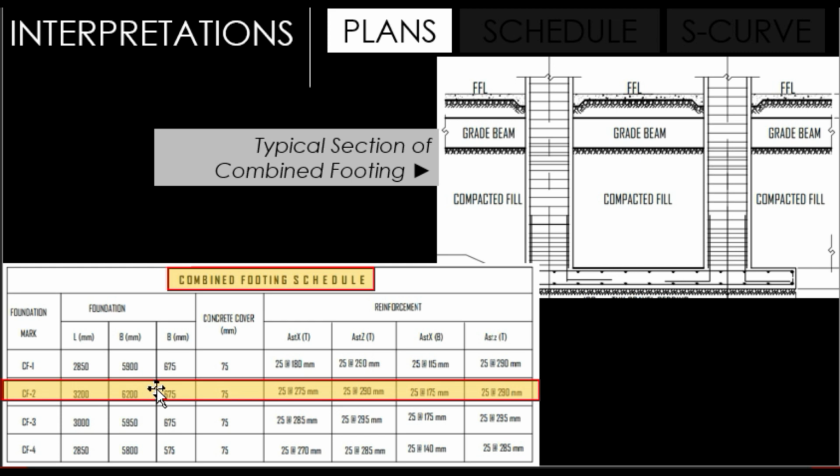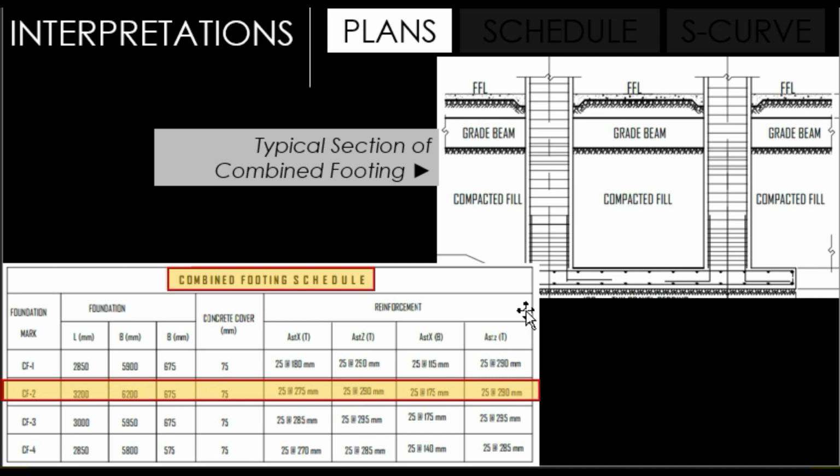0.675 meters. The clear cover is 0.075 meters with top reinforcement of 25 pieces spaced at 0.275 meters along X direction, and another 25 pieces spaced at 0.290 meters along Y or Z direction.